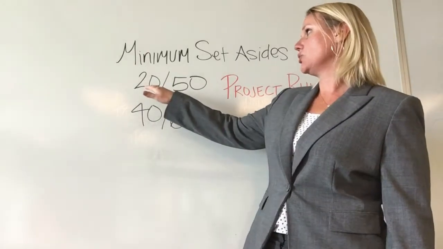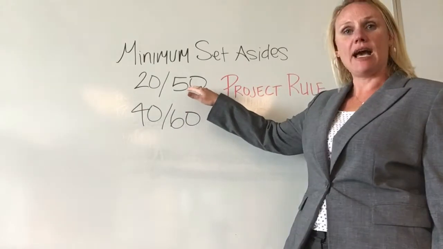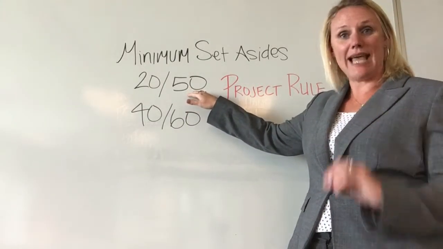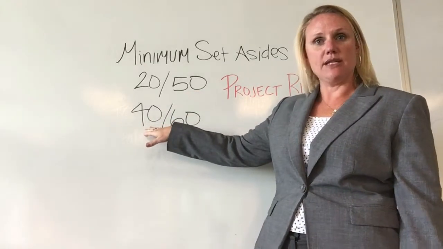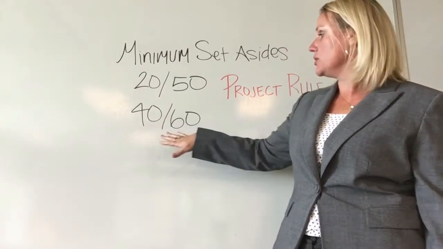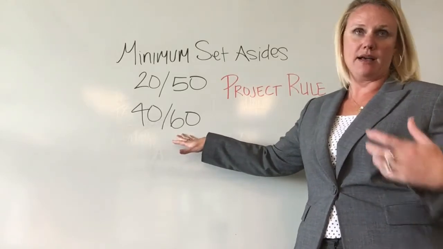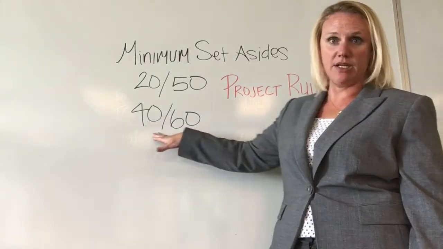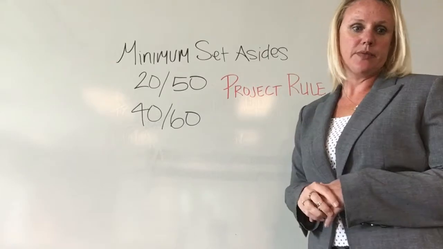At least 20% of the units must be set aside for households at 50% AMI or less, or 40% of the units must be set aside for tenants whose income is 60% or less AMI, area median income. This one is the most common in Utah. Again, this is a project rule.